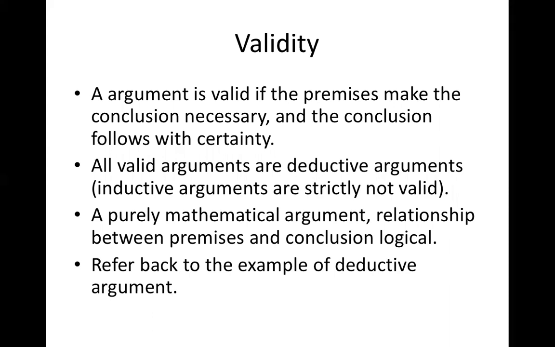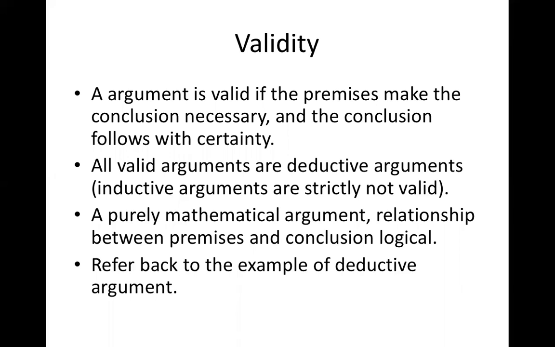Any argument where the conclusion doesn't follow with certainty, and this is what you have to note when we get into types of deductive arguments. In order to be able to know a valid deductive argument or not, you have to ask yourself whether the conclusion follows with certainty. Once it is clear to you that the conclusion doesn't follow with certainty, then that argument is not valid. We shall be doing that exercise in a few minutes.